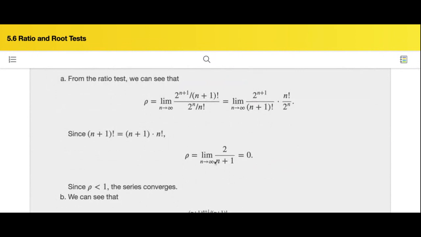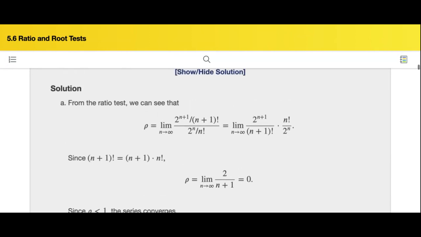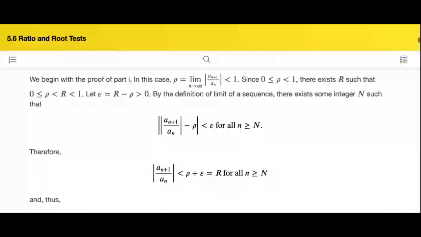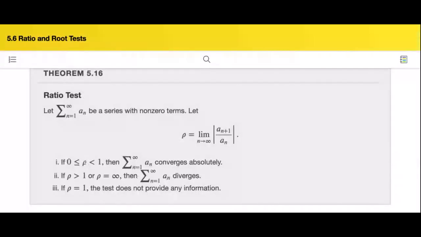So we get 2 over n plus 1, right? So that's just the limit of 2 over n plus 1. Well, as n approaches infinity, of course, 2 over n plus 1 goes to 0. So by the first condition, the limit of the ratio equals 0, and it says rho less than 1.